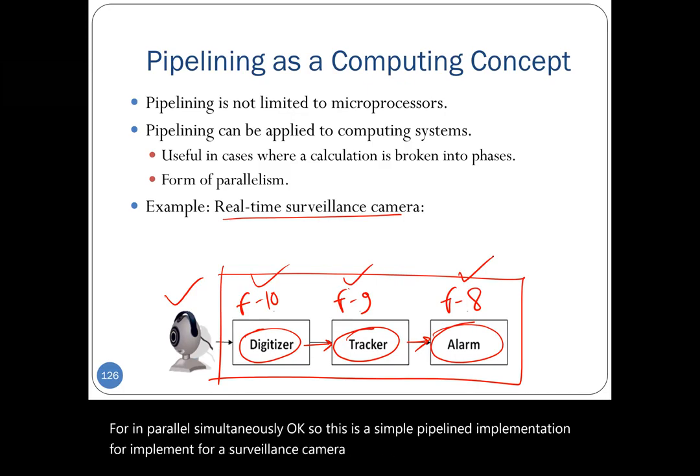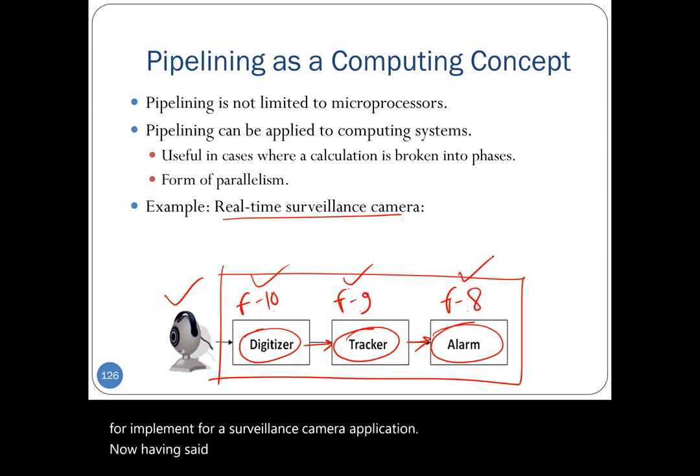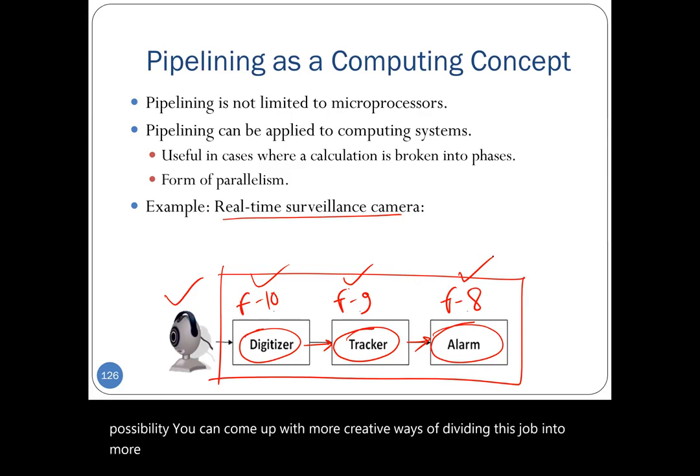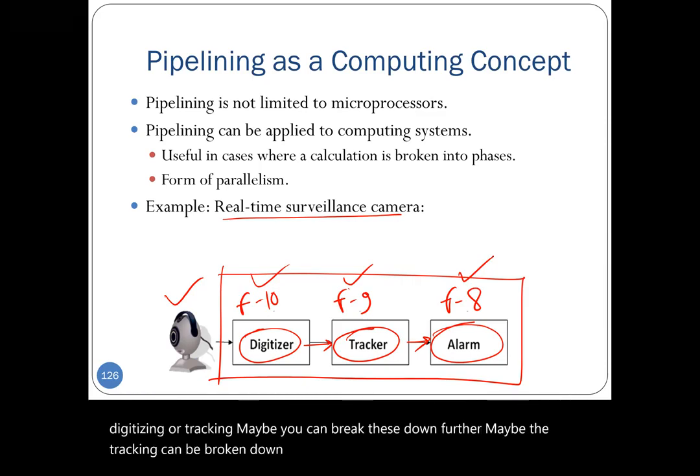Having said that, the division of work that I have shown here is just one possibility. You can come up with more creative ways of dividing this job into more modules. Maybe you don't want to do digitizing or tracking. Maybe you can break these down further. Maybe the tracking can be broken down into submodules, so you'll have more stages in the pipeline.